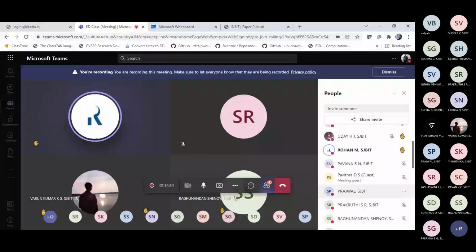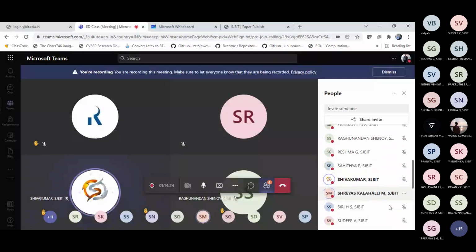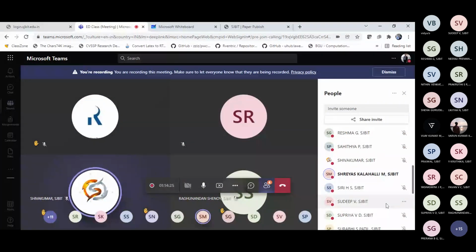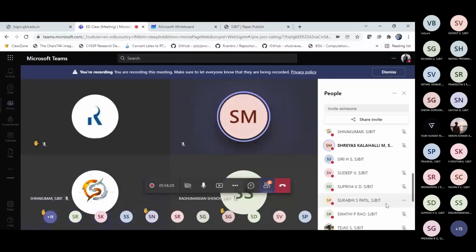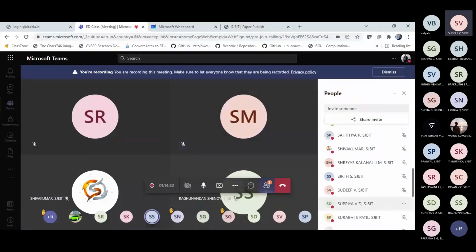Sahitya? Present, sir. Shivkumar? Present, sir. Siri? Present, sir. Sneha? Present, sir. Sudeep? Present, sir. Surabhi? Sir, Supriya present. Present, sir.